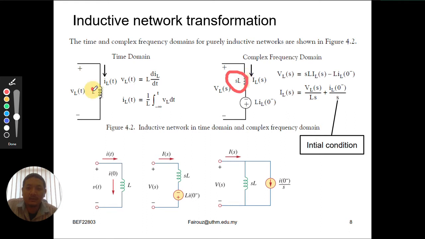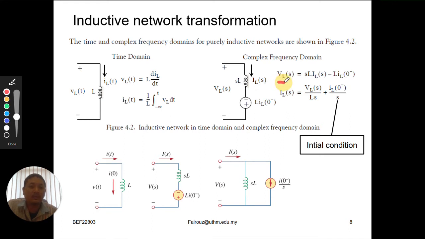Here the inductor is L, but in frequency domain, in S domain, the inductor is now s times L, or sL. So now the inductor itself is sL, and V_L and I_L are still the same, but the equation is different.